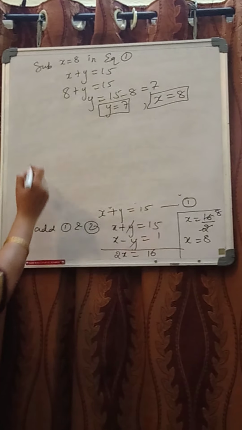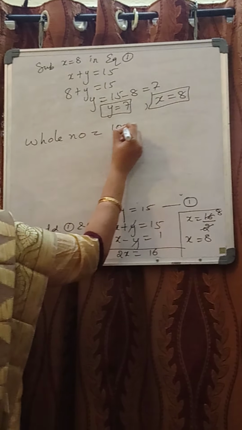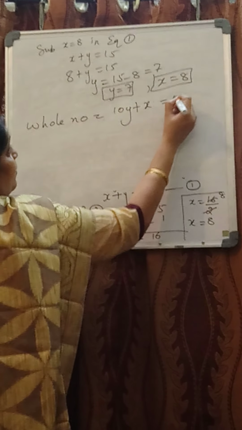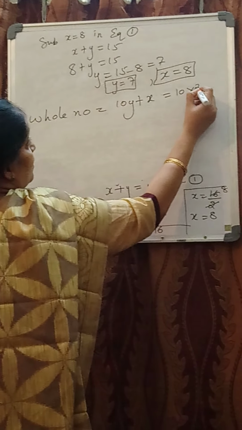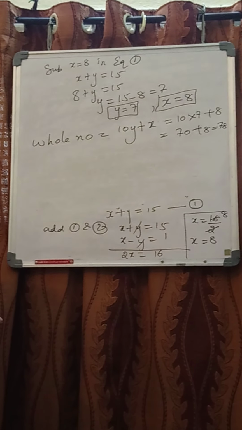The whole number is equal to 10y plus x. In place of y you substitute 7, in place of x you substitute 8. 70 plus 8, that is 78. Or you can write directly because you know that y is the tens digit and x is the units digit. So the whole number is 78.